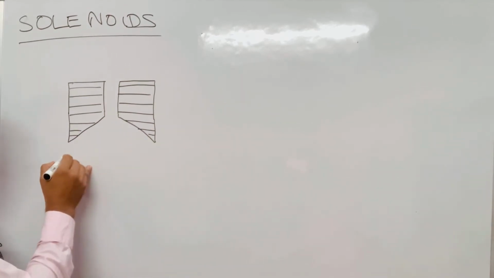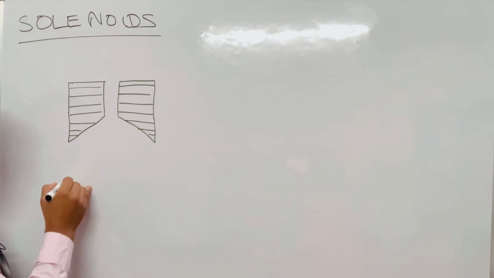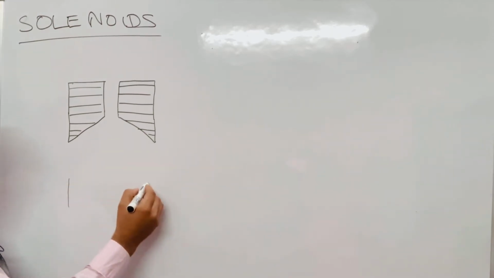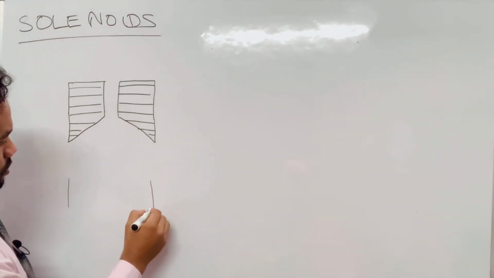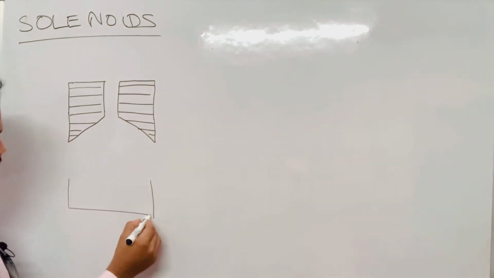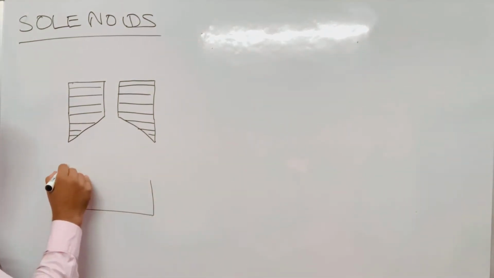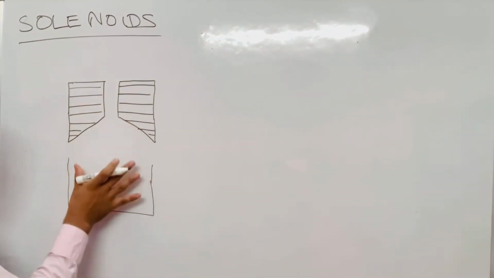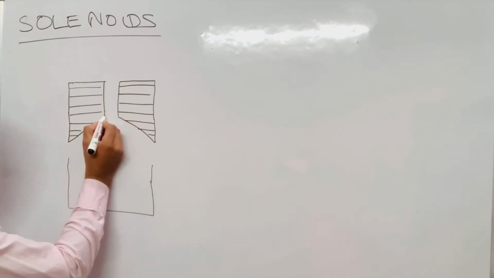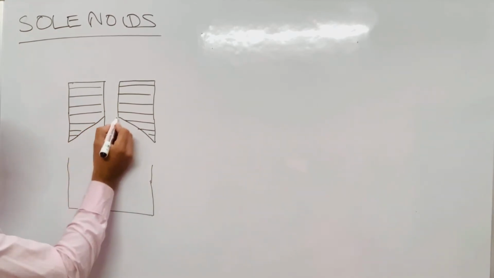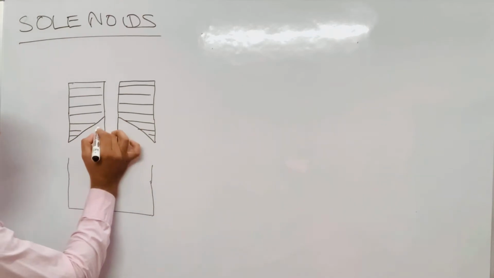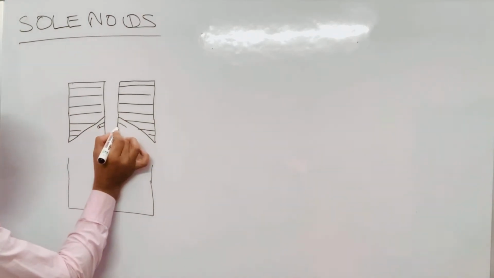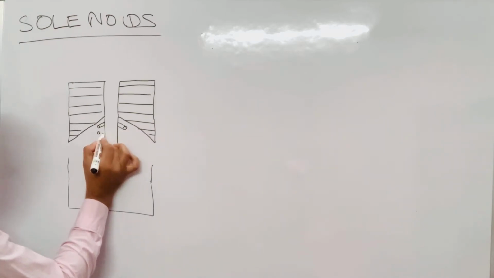Also, friends, it has a movable core. Suppose this is the movable core. The fixed core and the movable core are separated by means of a spring. Suppose this is the spring. I'm just drawing the cross sectional area.